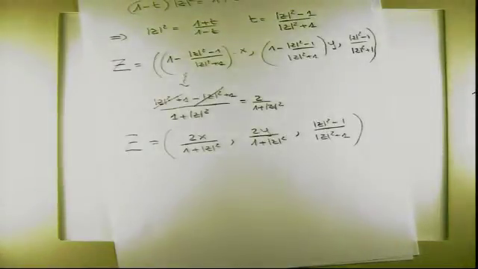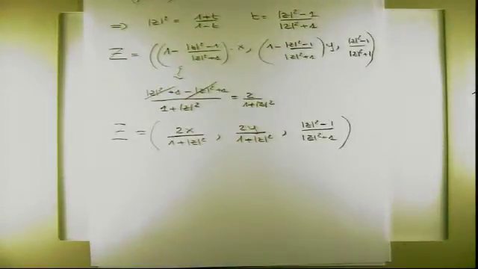Just to complete our calculations, let me observe that this is the real part of z, and this is the imaginary part, and we can express both real numbers in terms of z and z bar, right?